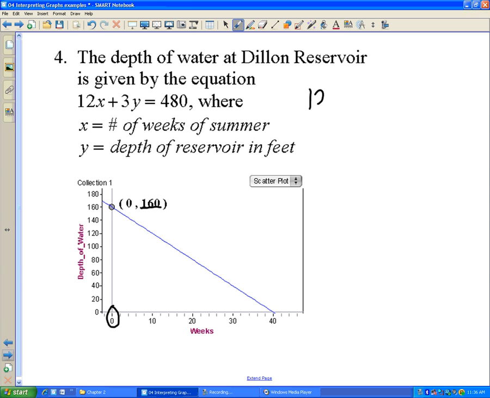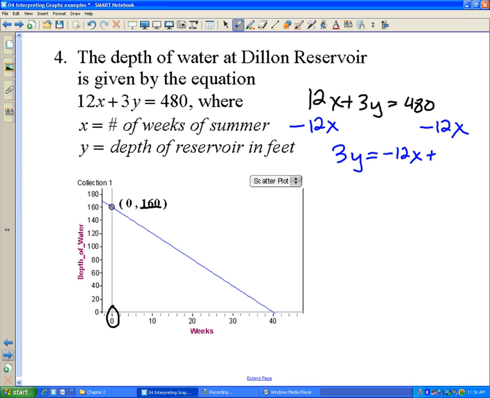Where I have an equation, can I solve it for y? Sure. I'm going to subtract 12x. So 3y is equal to negative 12x plus 480. I'm going to put it in slope-intercept form since that's what I've been talking about.